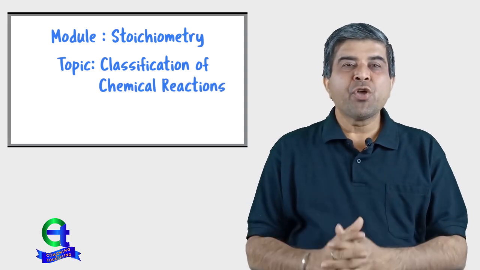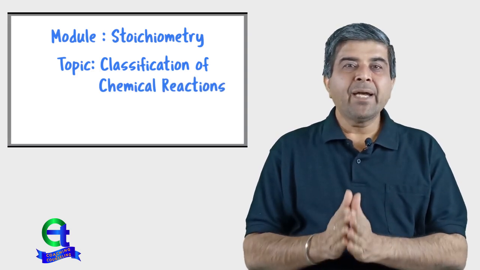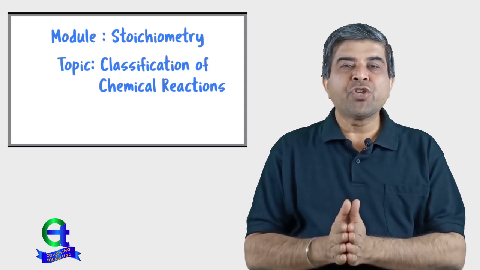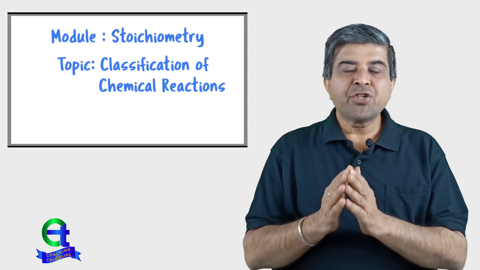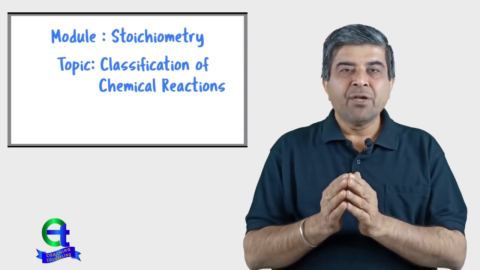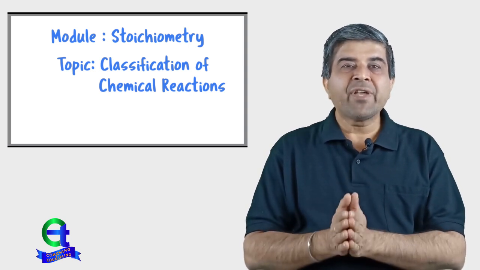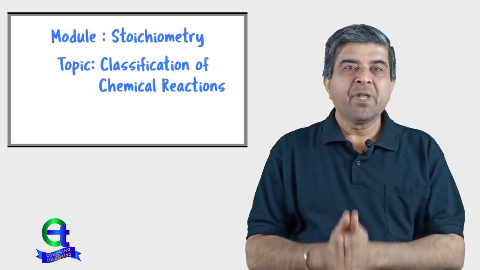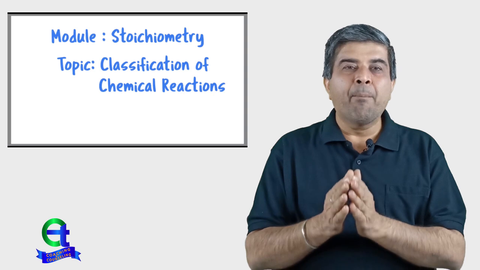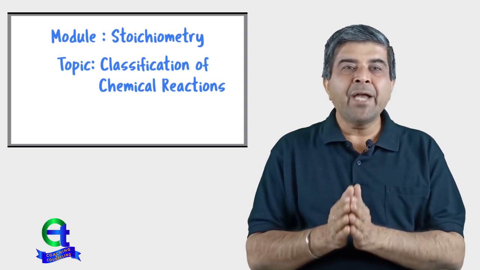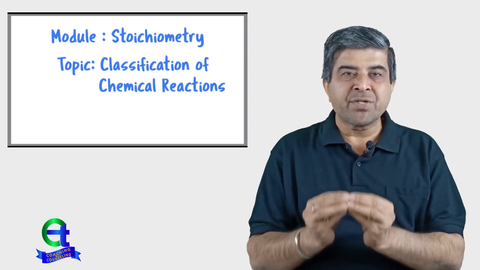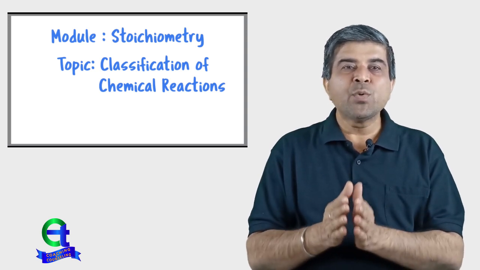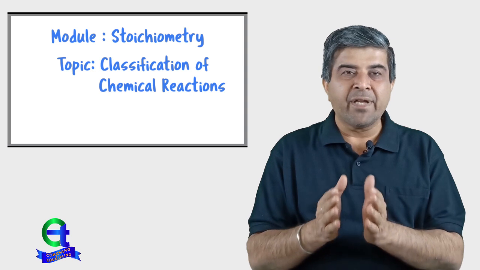It's the stoichiometry module and this is the first video of the stoichiometry module, and the topic of this video is classification of reactions. So let's dive in. Chemistry is all about reactions, and to make it simpler to understand, reactions are grouped broadly into 6 different categories.